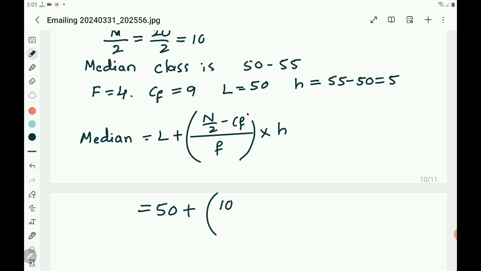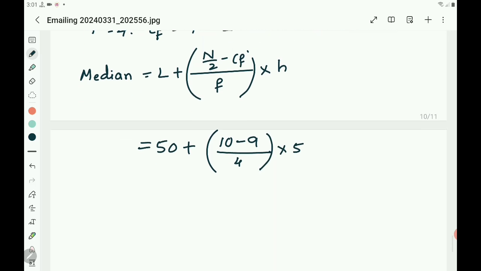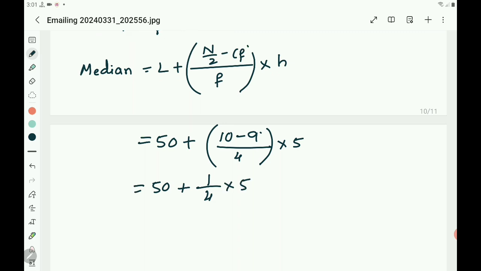Write 10 minus CF. CF is 9 by F. F is 4. 4 into H. H is 5. That equals 50 plus (10 minus 9 is 1) by 4 into 5.